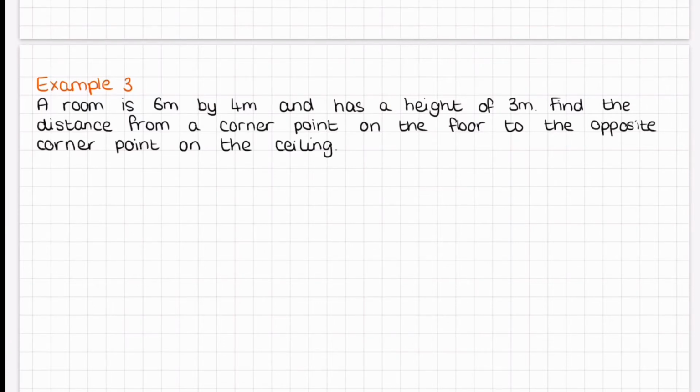Now we're going to have some fun drawing this. I probably should have drawn this earlier. So this is going to be the front of my room. This will go back.